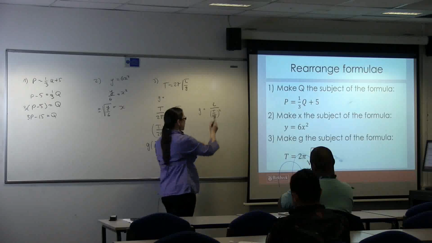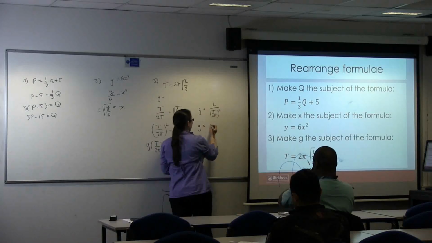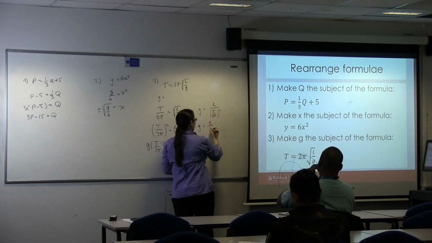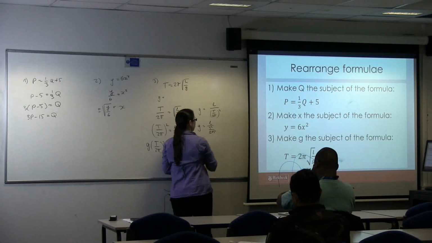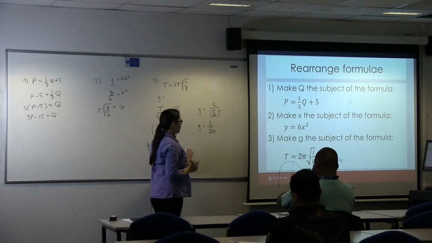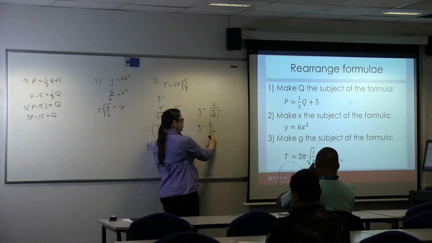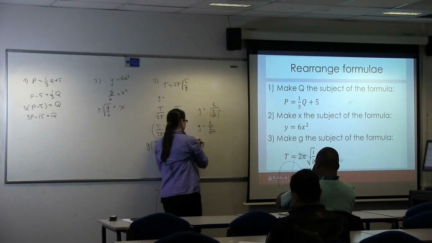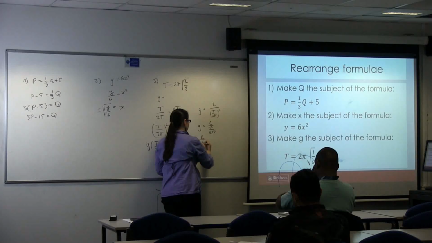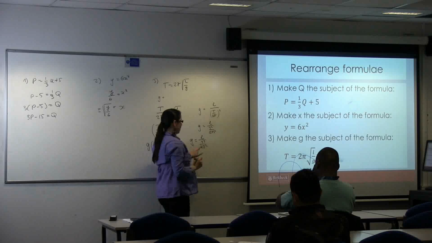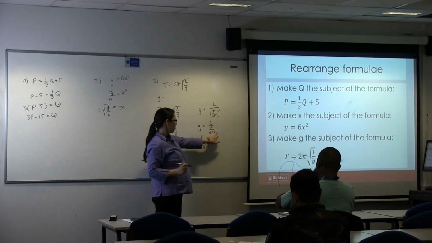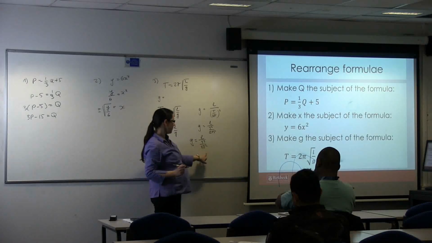I can actually break that bracket up, and I can say that is L over T squared over 2 pi squared, which is again a multiple can be squared by squaring the individual terms. So that can be G equals L over T squared over 4 pi squared, because 2 squared is 4 and pi squared is pi squared.